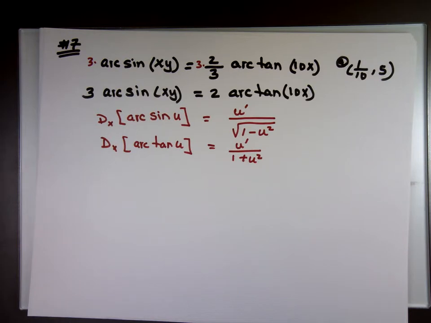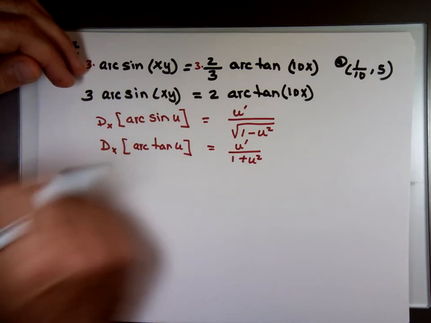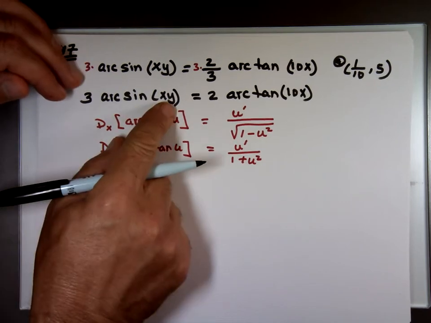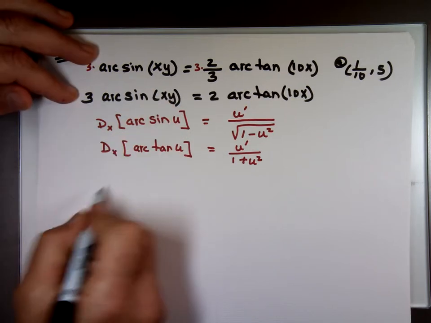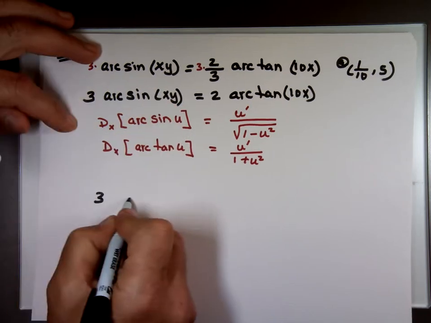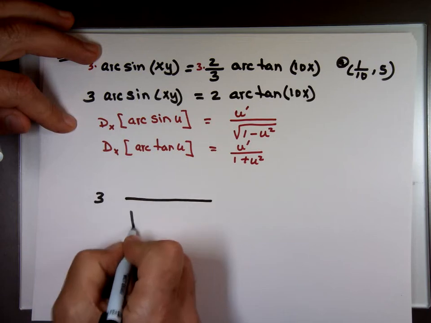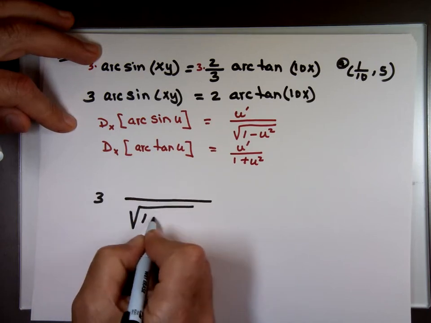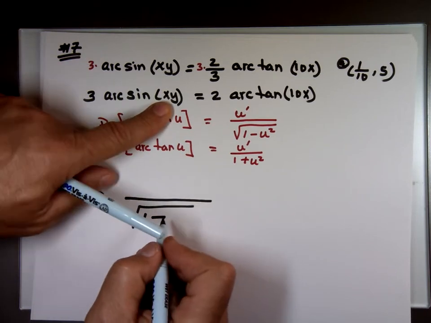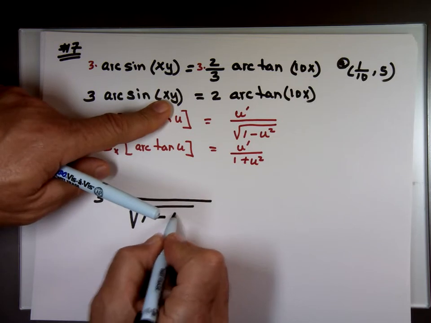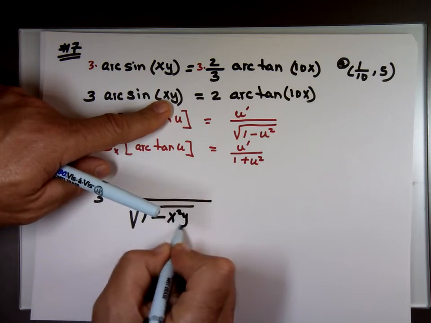And now let's look at it. For the first one, u is xy. That's x times y, so I have to use the product rule. So here we go, 3 times, this is 1 minus, this is my u right here, square that. You can write that x squared y squared when you square xy.